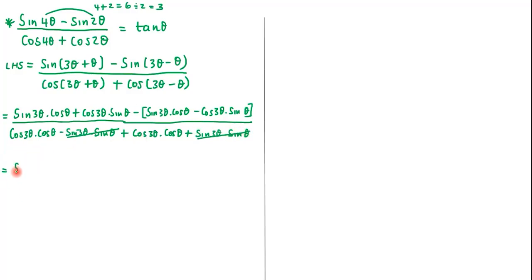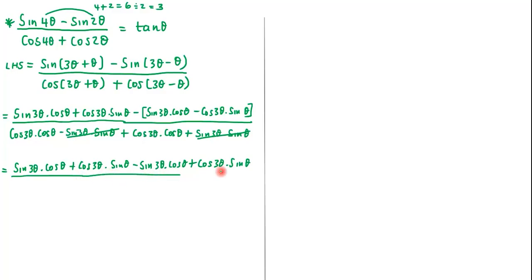At the top I still have sine 3 theta times cos theta plus cos 3 theta times sine theta, minus sine 3 theta, because now I'm multiplying the negative in, times cos theta plus cos 3 theta times sine theta, all divided by cos 3 theta times cos theta plus that, so it becomes 2 cos 3 theta times cos theta.